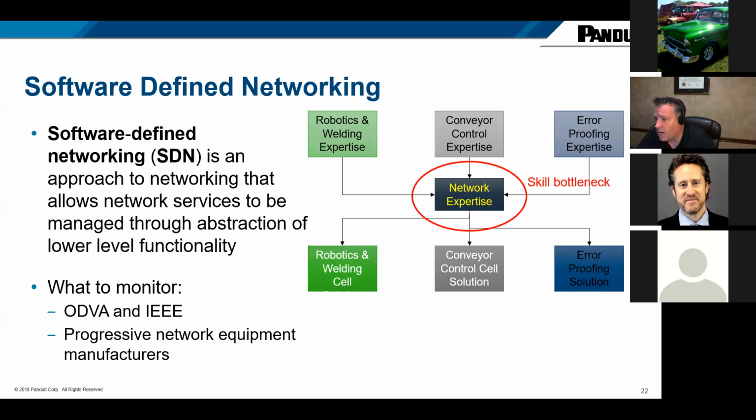So software-defined network is basically the ability to take some of the network aspects out of the hardware and put it onto the server. Okay, and if you're familiar with if-then-that logic statements, like if this then do that, that's kind of what this is promoting.